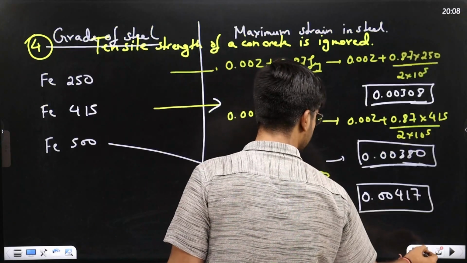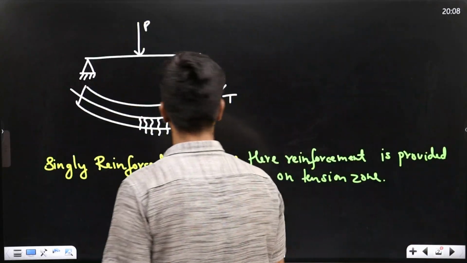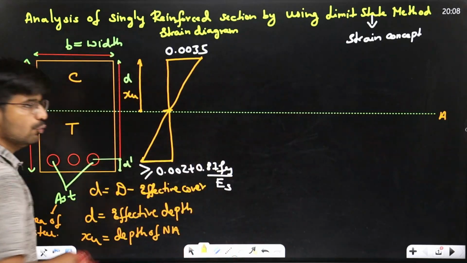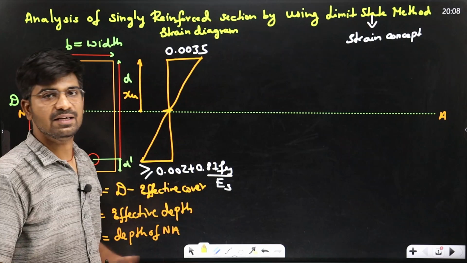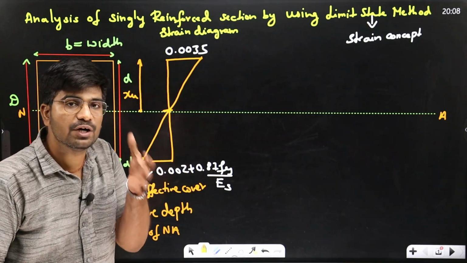Means when you design a singly reinforced section by using LSM, you have to ignore the tensile strength of concrete. While designing, we will not consider the tensile strength of concrete.